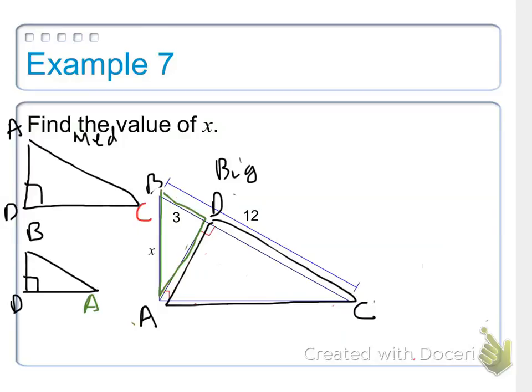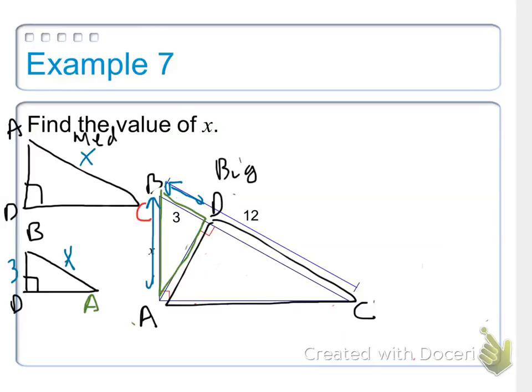Okay, so we know that anywhere I see AB is X. So I have an AB right here, that's X. And I have an AB right here, that's X. Now I'm going to check wherever I see BD, I'm going to put 3. Well, I have a BD here, it is 3. I don't have one in the medium triangle.